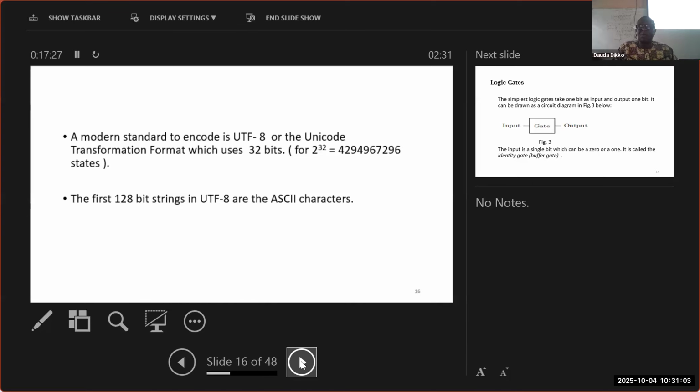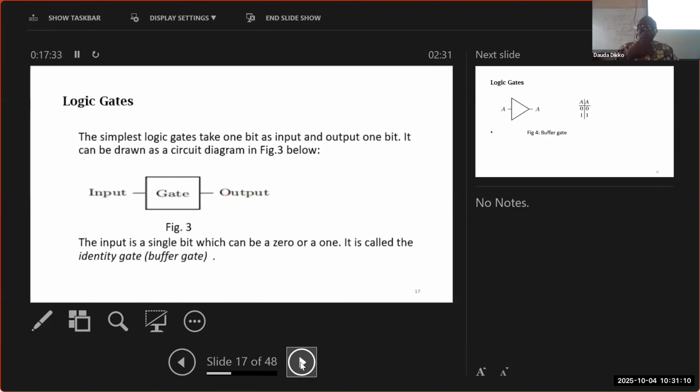So you can see that it will encode a lot of information. And that is why research is still ongoing to use a different code to represent information.